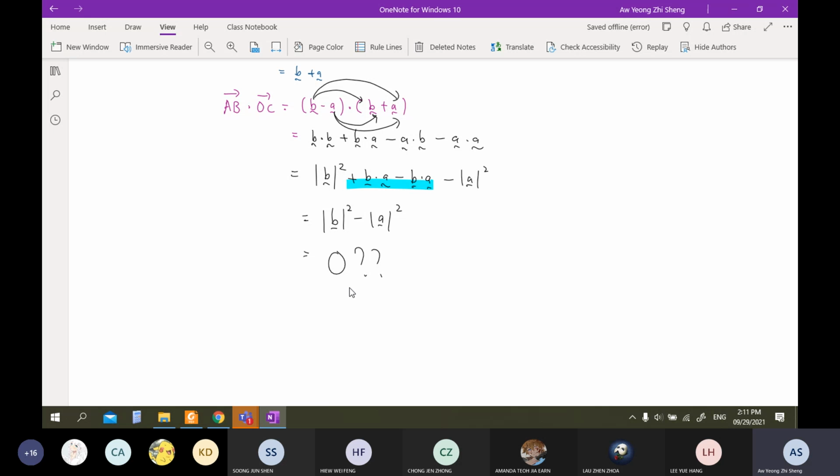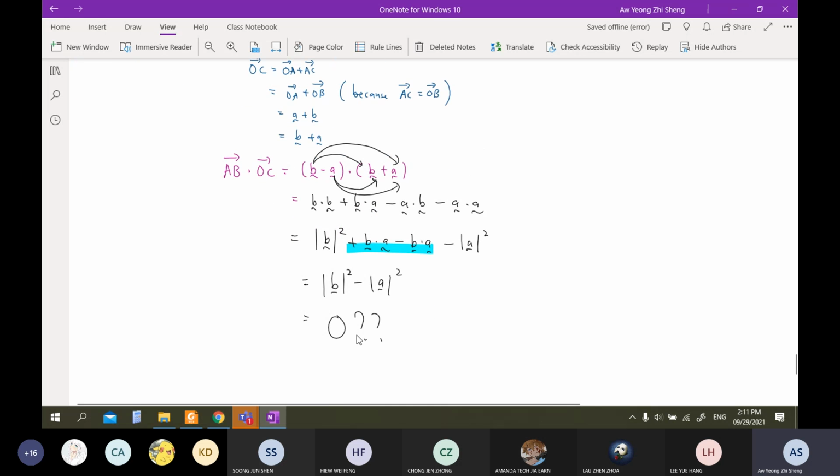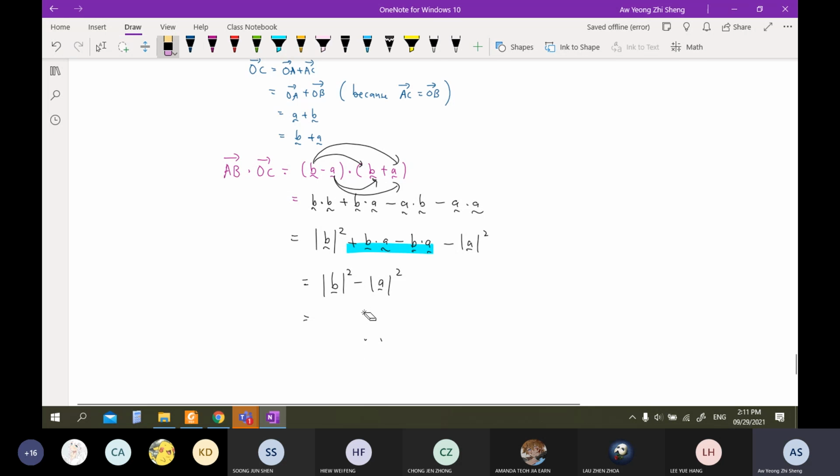If you write 0 straight away, it will be too fast. You have to justify a bit. So one way to justify this is I replace length of A by length of B first. So in my next step, I say because length of vector A is equal to length of vector B.